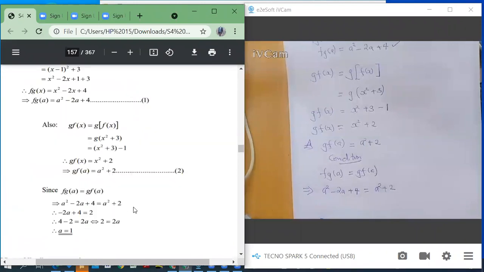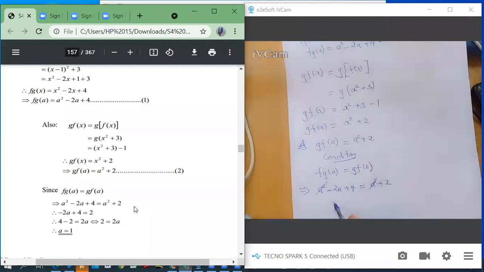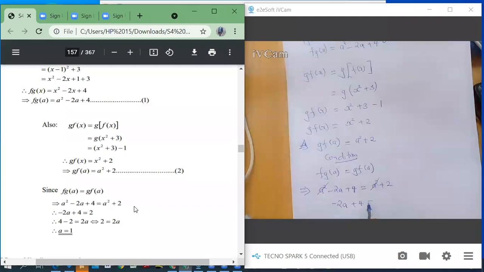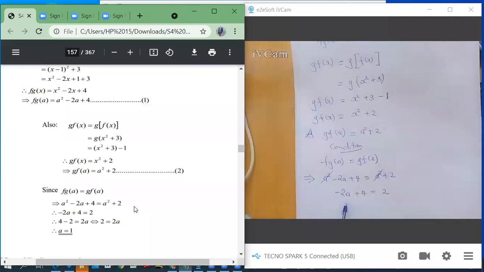What do we do there? We collect the like terms. I'm seeing a squared here and also a squared there. What will happen? They will die off. So we remain with negative 2a plus 4 equals 2.